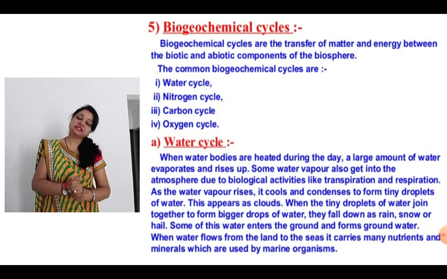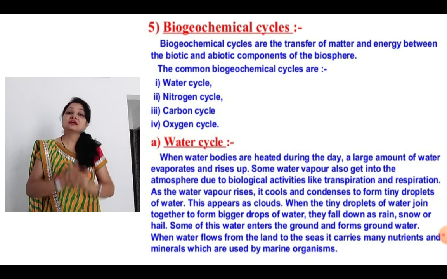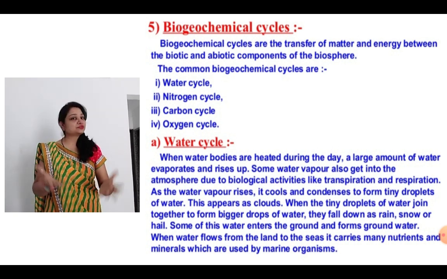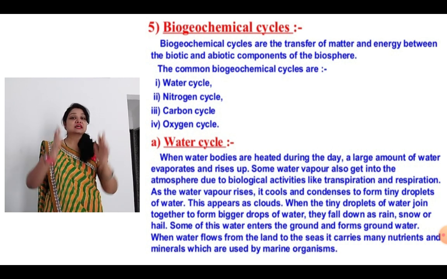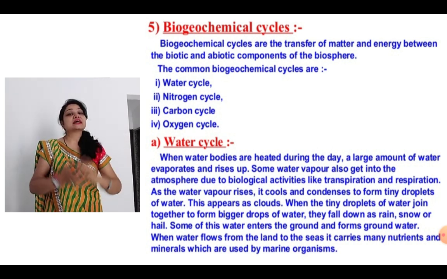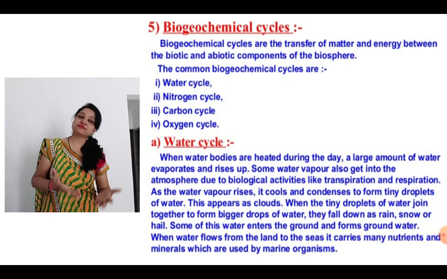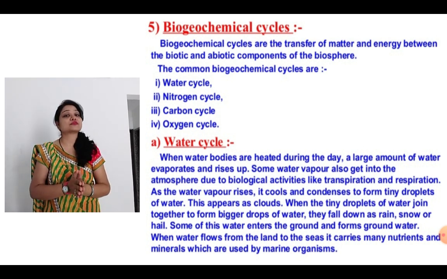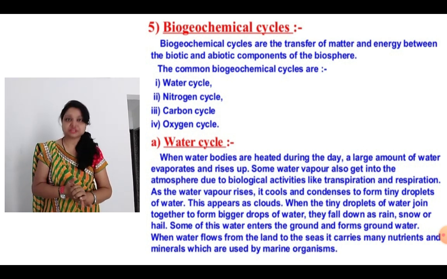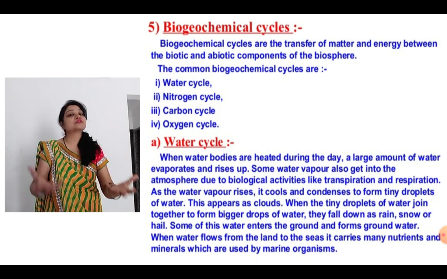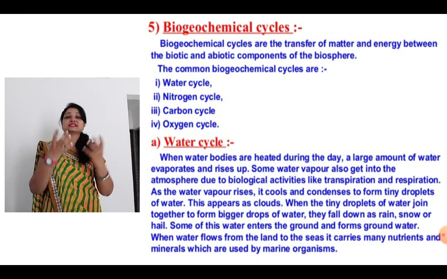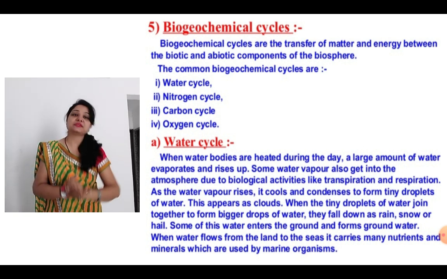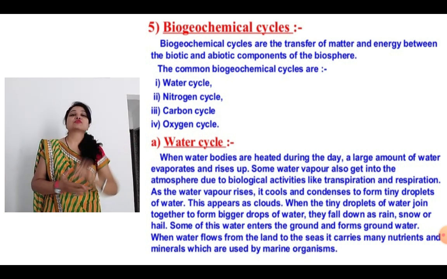So again, in brief, I am just briefing the cycle. When water bodies are heated during the day, a large amount of water evaporates. That is the first process, evaporation, right? And it rises up. Now some water vapor also gets to the atmosphere from processes like transpiration from the plants, the removal of excess water. Now as the water vapor rises, it cools and condenses to form tiny droplets in the atmosphere.